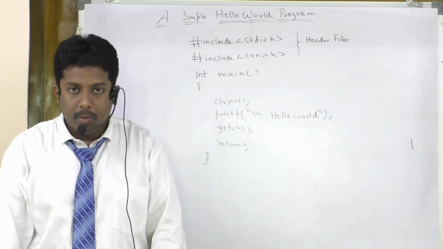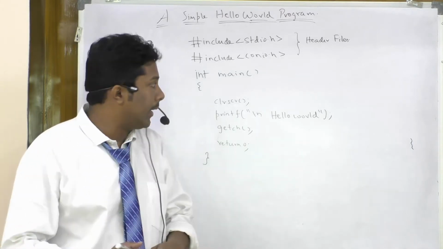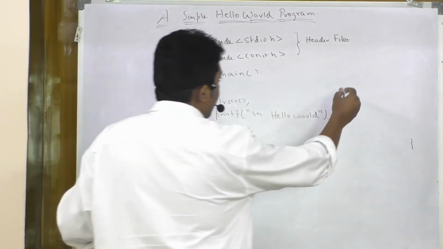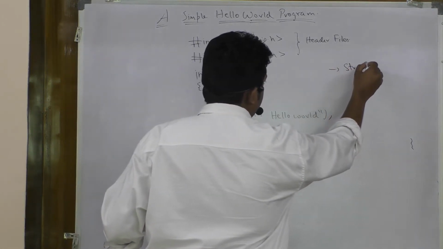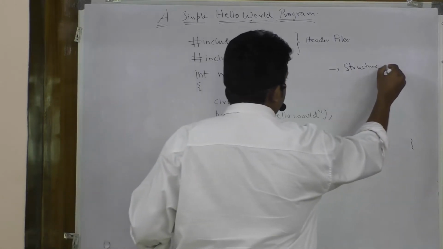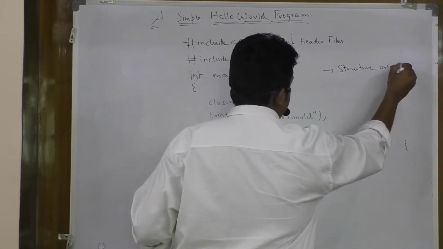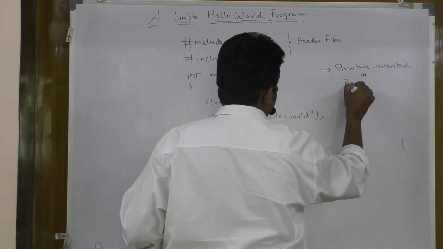First and foremost, C language is known as a structure-oriented or procedure-oriented programming language.